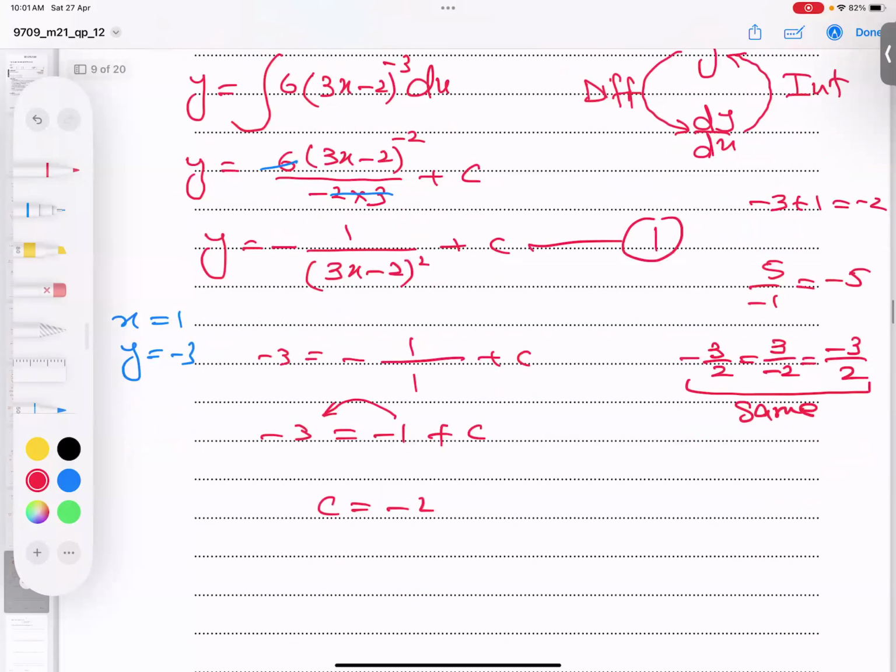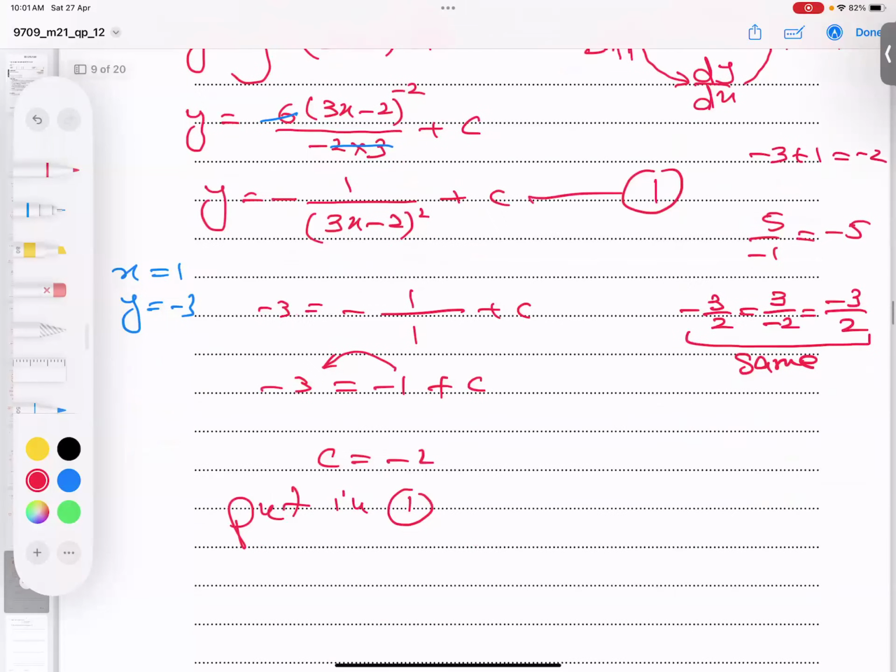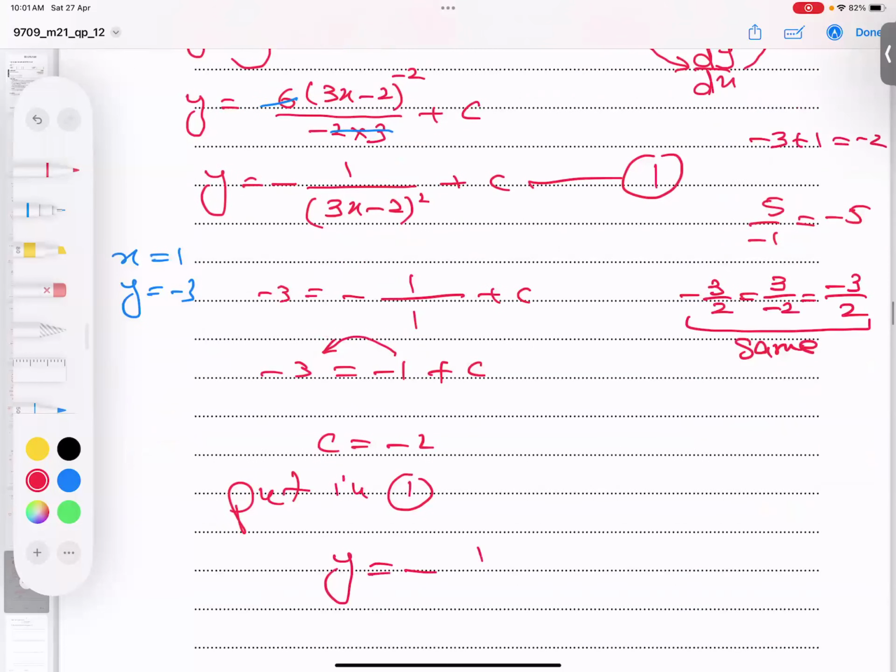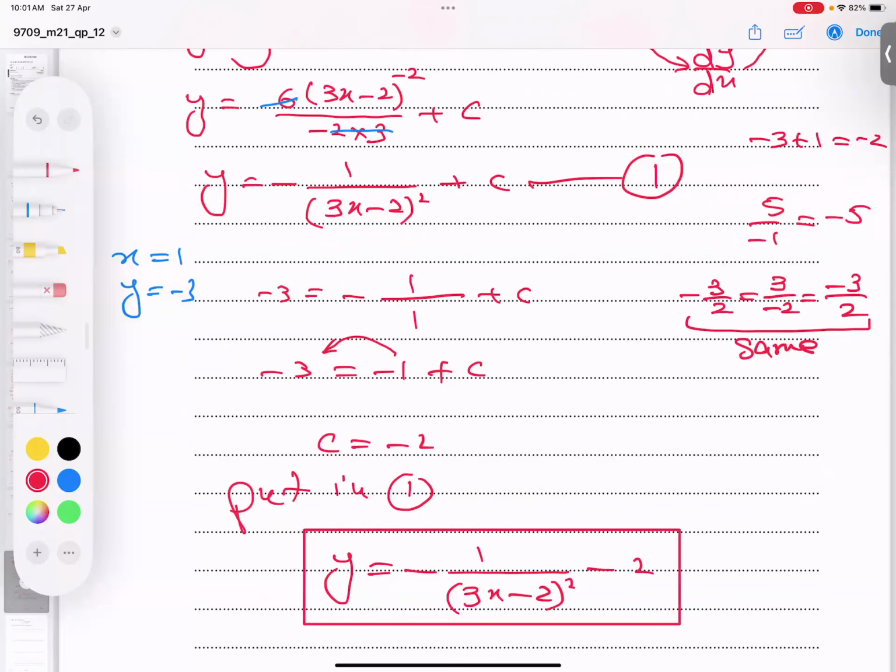Plug it back into equation number 1, so put in 1. This is not compulsory to write like this, but it's good to show the examiner this way. I hope you got the point clear, and we have done this question number 5.